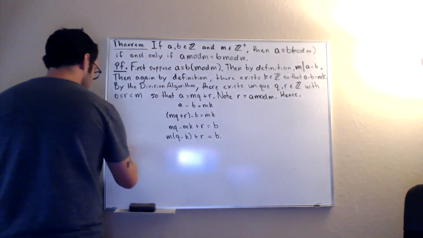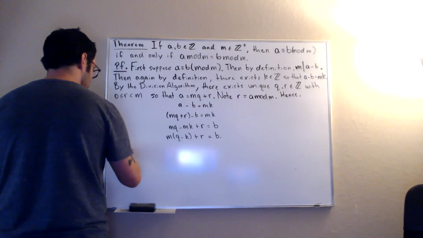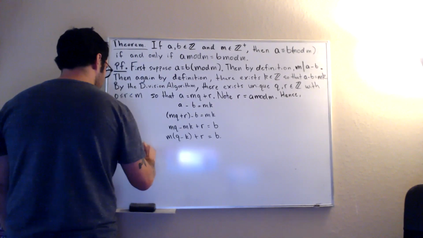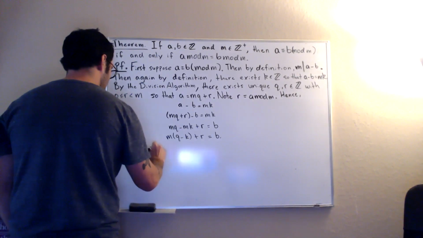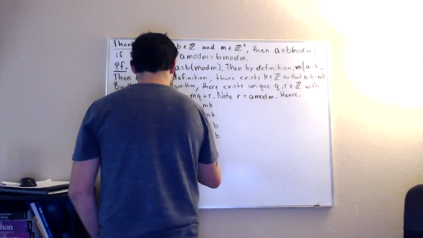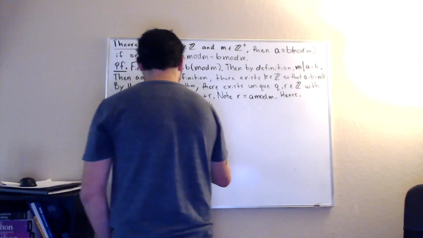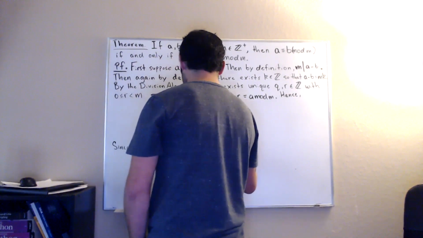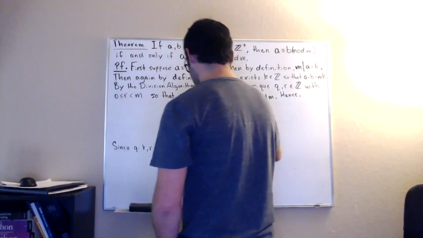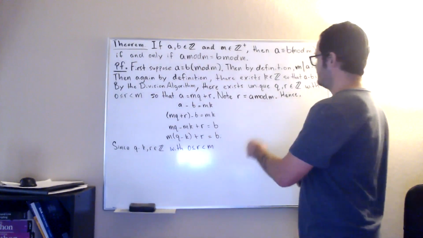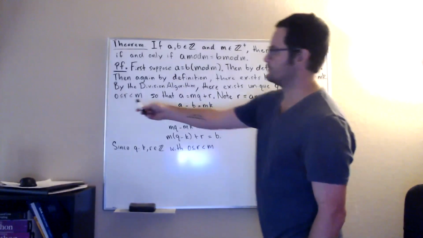Now, since Q minus K and R are integers with 0 less than or equal to R, which is less than the divisor M, right? That property comes from here, right?